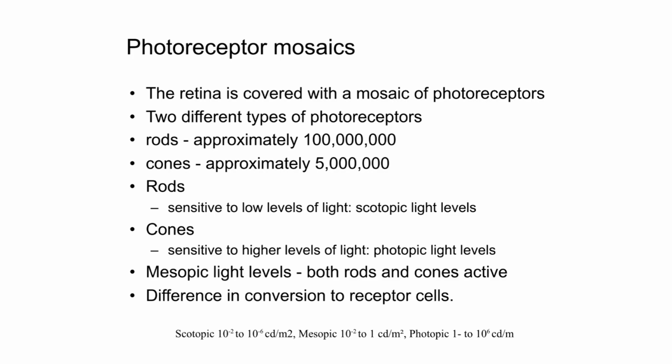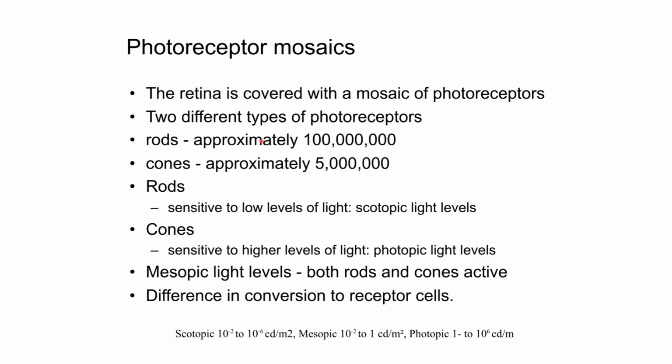Or you can also define the mosaics of something by the complete opposite functionalities of the components constituting that surface. For instance, in our case, the photoreceptor mosaics is defined by the combination of rods and cones. Rods are there for night vision, and cones are there for light vision. So for that purpose, we can say the photoreceptor mosaics to express the combination of rods and cones in our eye system, especially in the retinal subcomponent.